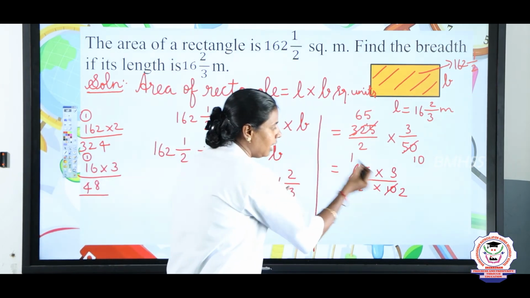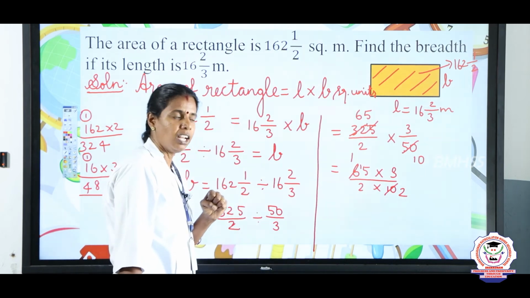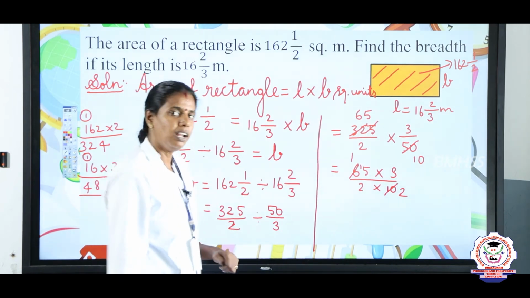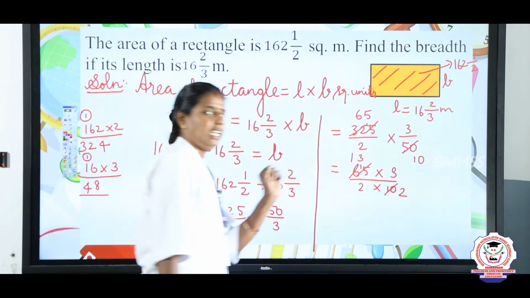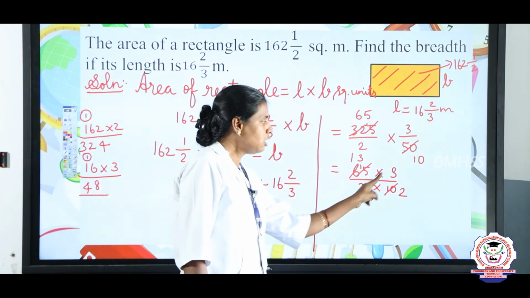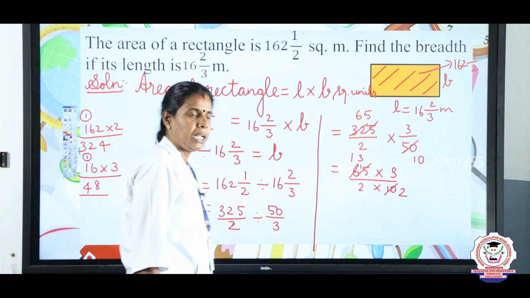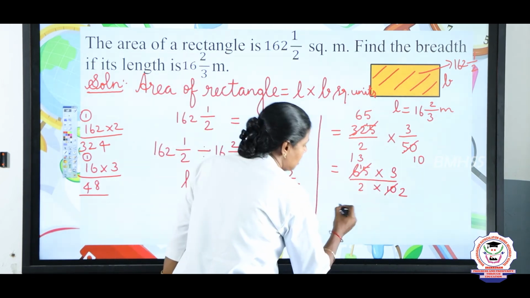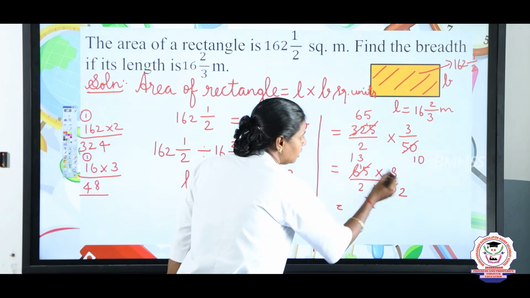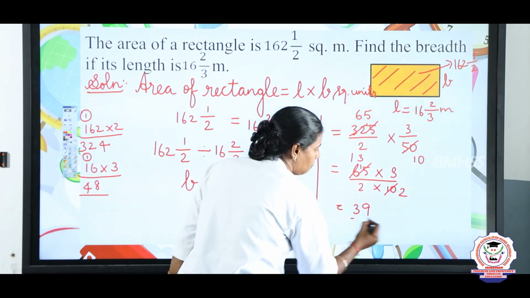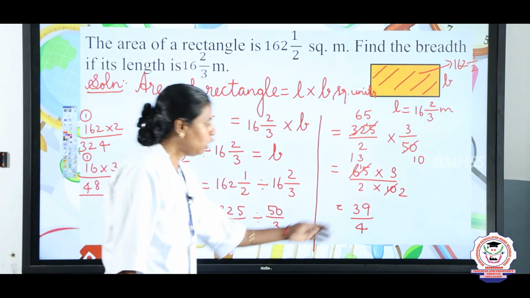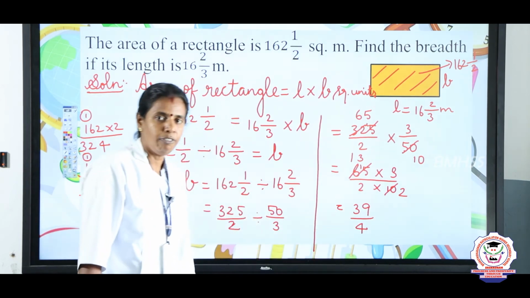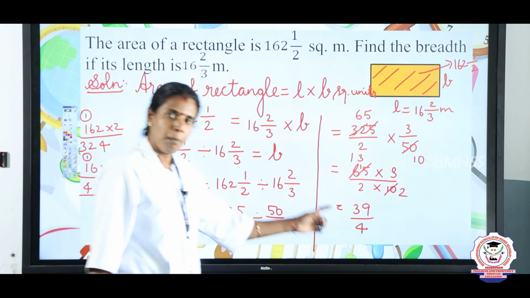If 1 is joined here, it will be 15, right. Now how many times in the 5 table? 5 threes are, very good. So 13 times. 13 into 3, we multiply the numerators: 3 threes are 9, 3 ones are 3, and 2 twos are 4. Now we got the answer as 39/4, which is improper.